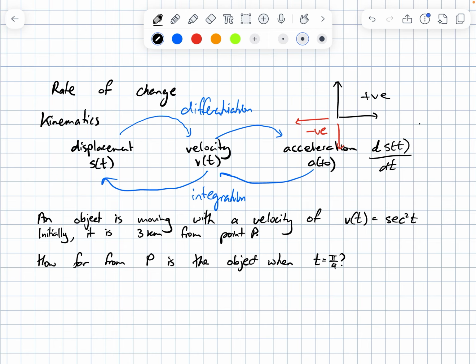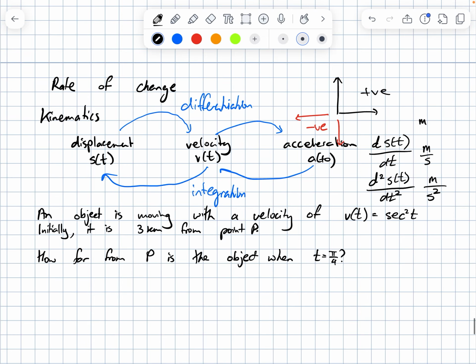If displacement started with a unit of, say, meters, then we've got meters per second. And if we differentiate that again, we have the second derivative, which is now meters per second squared as the time is now squared. And that is our acceleration unit.